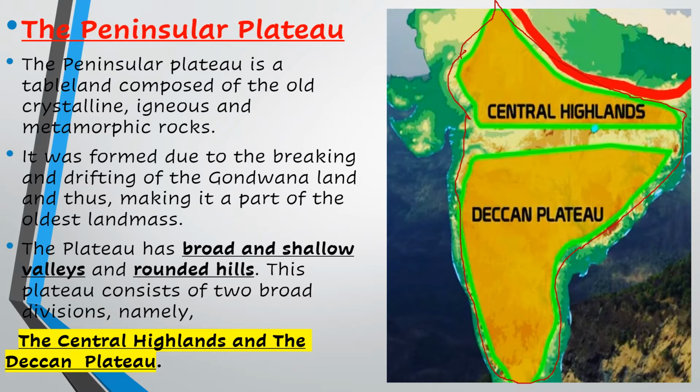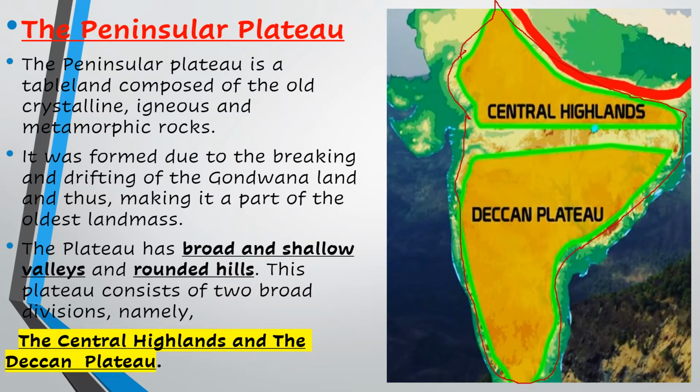Now, the plateau has broad and shallow valleys. Broad is big, like width. Shallow is not deep. Broad and shallow valleys along with rounded hills.